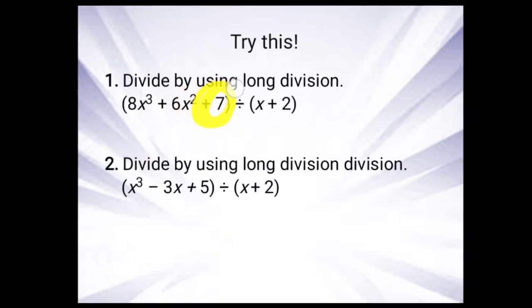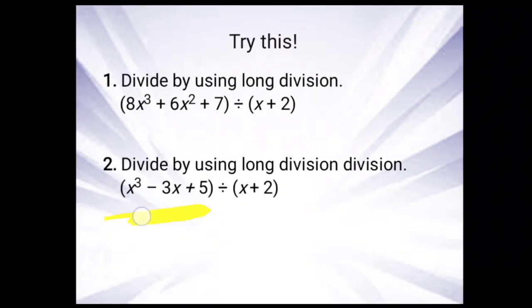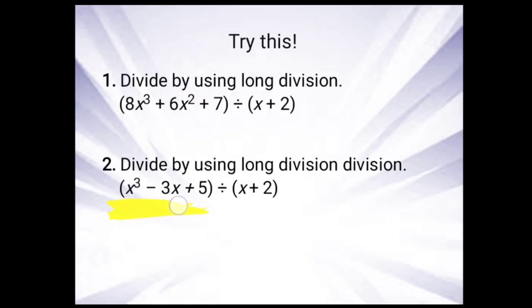Therefore, you have to include that term. The same as this number 2, we don't have 2 as exponent of x or the variable. So you have to put that term with a coefficient of 0.